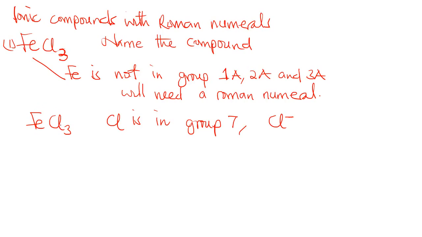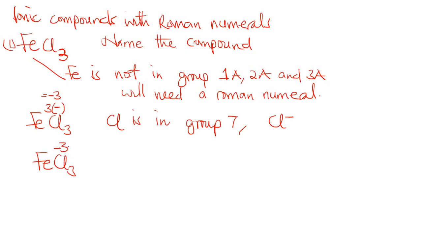We have 3 of them here, so you say 3 times the charge of -1. We get -3, which means 3 chlorines here will give you -3. As a result, you have Fe and then Cl3 here, -3.